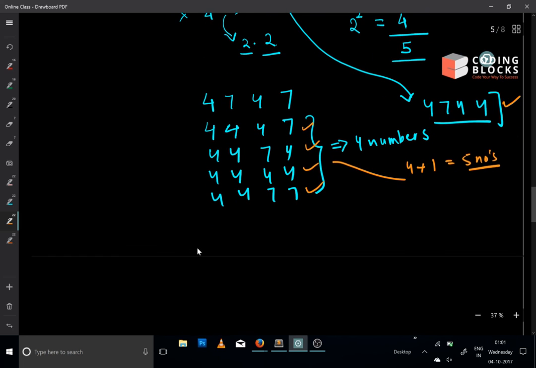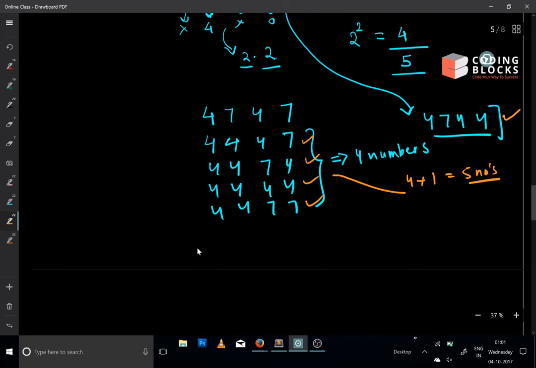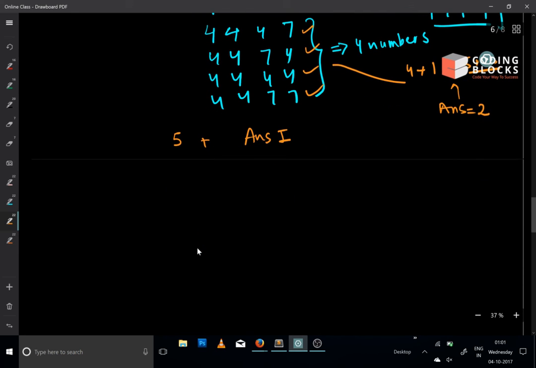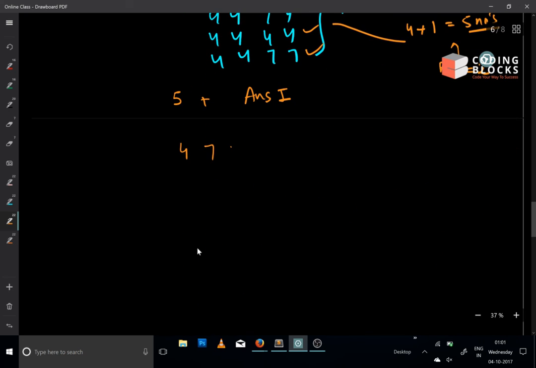So the final answer is this: this is my answer 2, so it will be 5 plus my answer 1. In answer 1, what I had done is I had removed the digits. So the number is 4747. If I talk about 3-digit numbers, they will be 8.